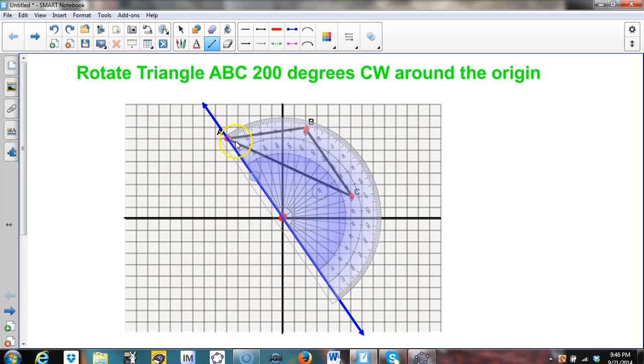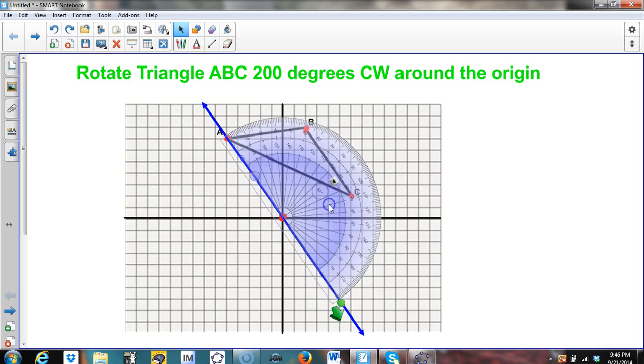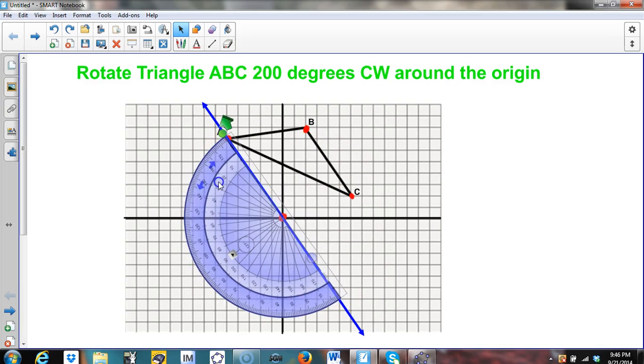Well, A is going to rotate 180 degrees and it's going to map onto this ray over here, right? So that's just 180 degrees. Then we would have to rotate A another 20 degrees, right? So what we can do is take our protractor, and I can flip it this way and measure another 20 degrees.